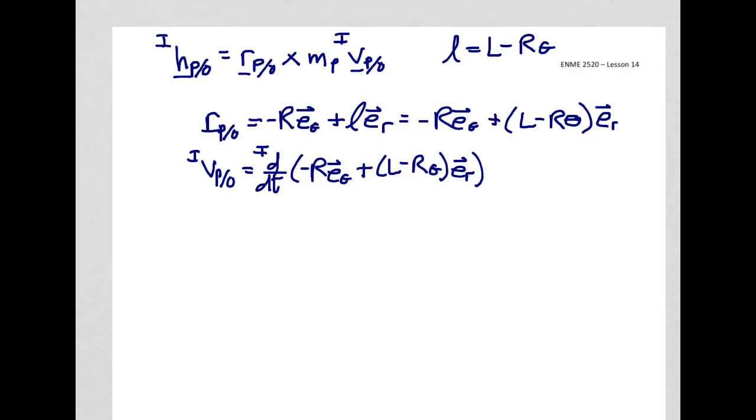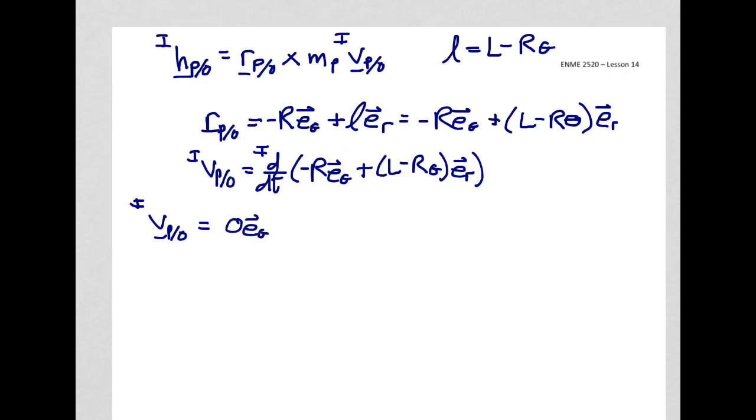And so let's address each of those parts individually. The time differentiation of R is 0 because it's a constant, and so that's 0 in the e theta direction.